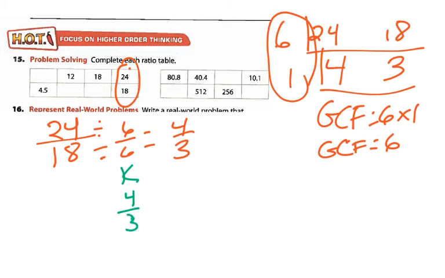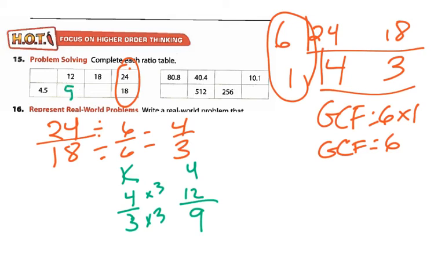I can fill in this 12, right? So what I know is I have 12, and I don't know this bottom number. But I can say, how do I get from 4 to 12? Well, I would have to multiply by 3. And if I multiply my numerator by 3, I have to multiply my denominator by 3. So that's going to be a 9. Okay? So now I have this one filled in.